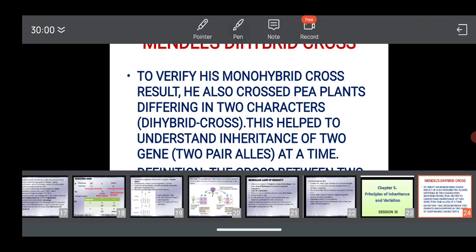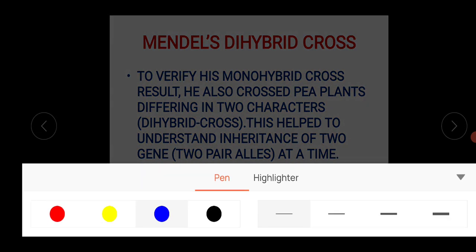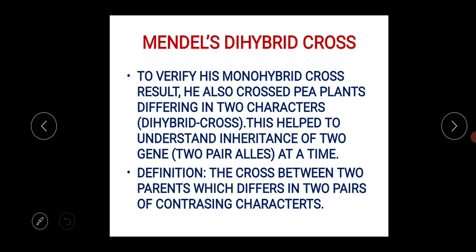Before starting today's class, you must know the basic meaning of Mendel's dihybrid cross. Here the word is di. Di means two. Mono means one and di means two.